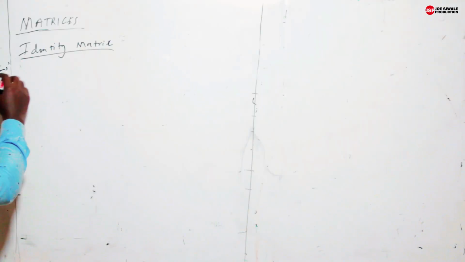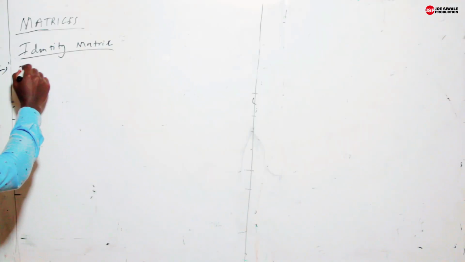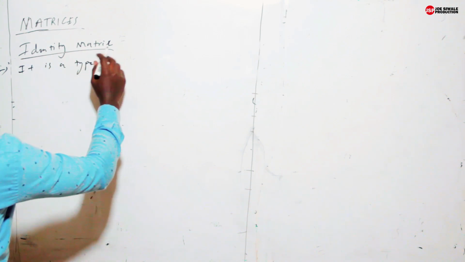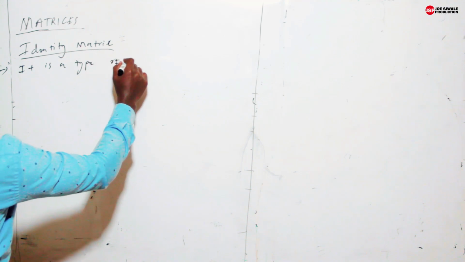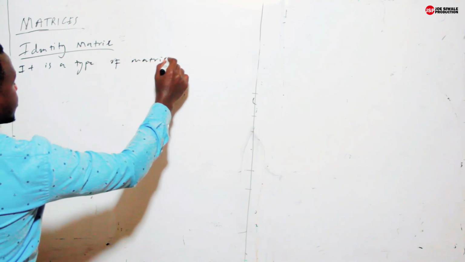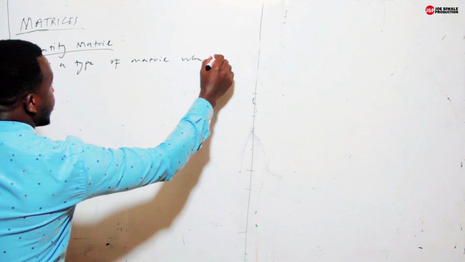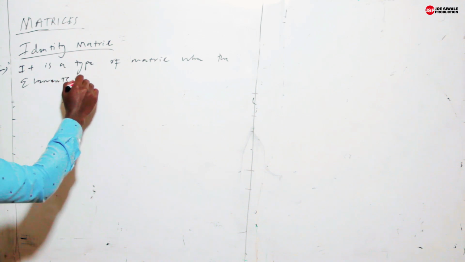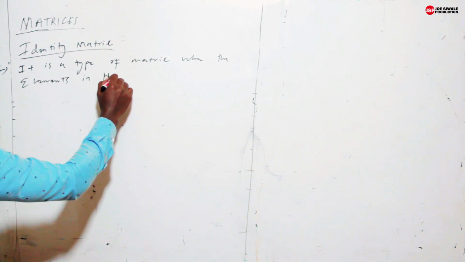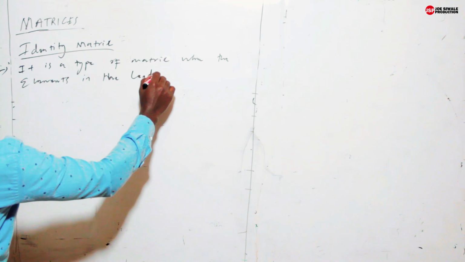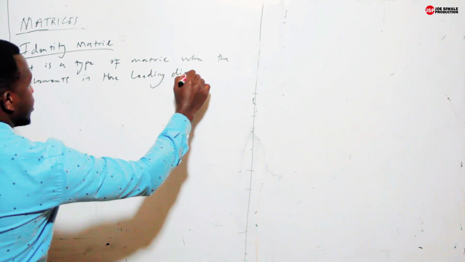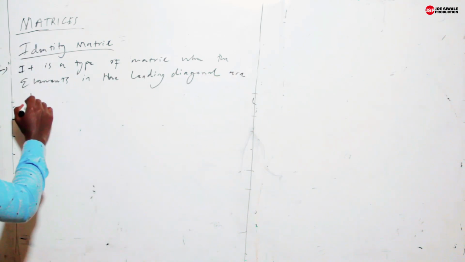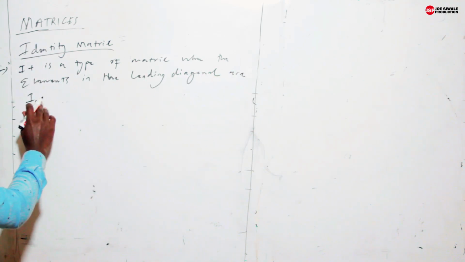So I've said an identity matrix is a type of matrix where the elements in the leading diagonal are ones.